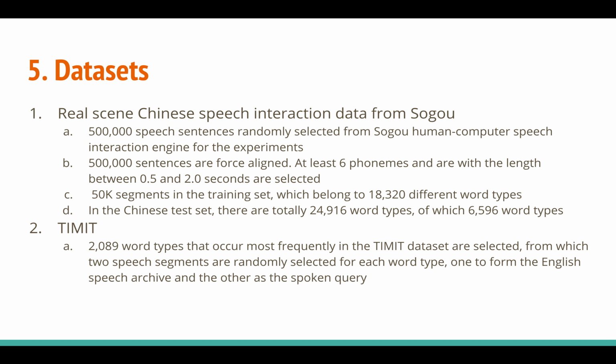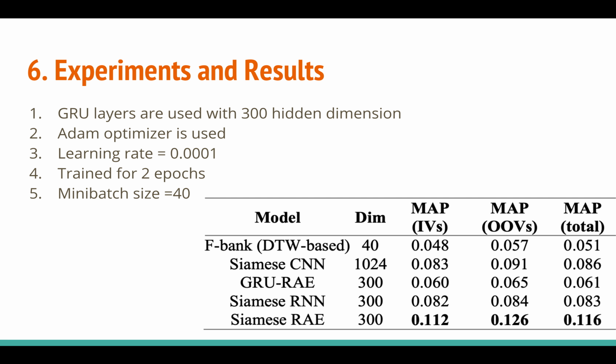When you download the TIMIT data, the word boundaries are already given, so you don't have to do forced alignment once again. The TIMIT database is used for testing, to see the performance.